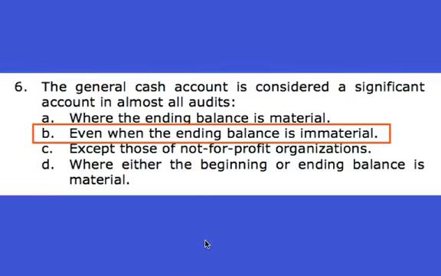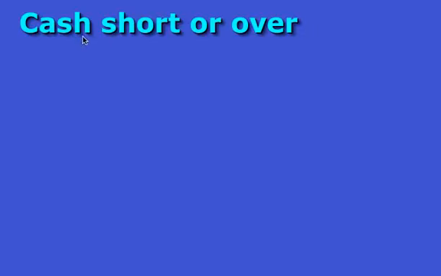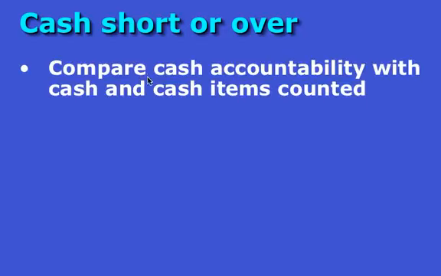Now, in relation to requirement 1, paano nga ba mako-compute yung short or over na yan? Some pointers: to get cash short or over, compare cash accountability with the cash and cash items counted. So, dapat yung accountability at yung na-account the same. If not, yun, short or over yun.